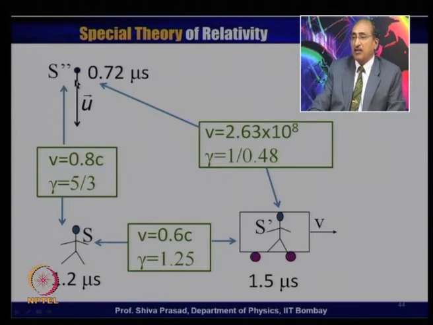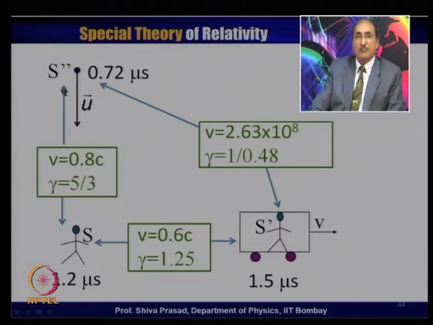If I have to make a transformation from this frame to this frame, the v that I will be using is 2.63 into 10 power 8, though I have not calculated it earlier, but if you take those x component and y component and calculate the magnitude, this is the magnitude that you will get, and gamma will be equal to 1 divided by 0.48.